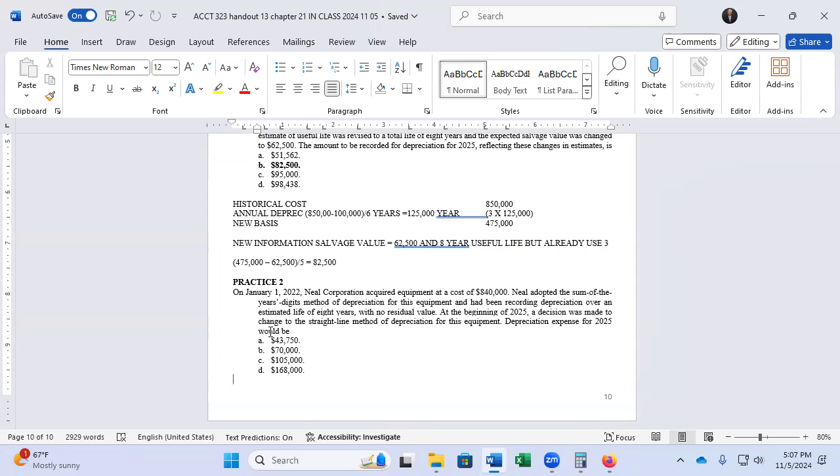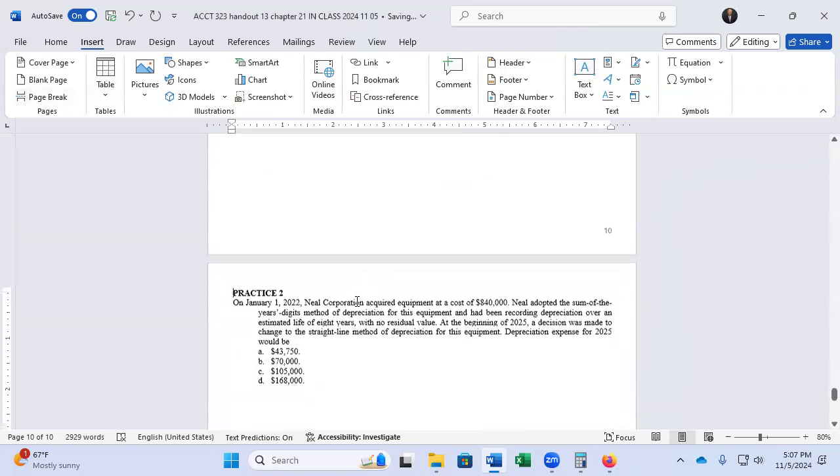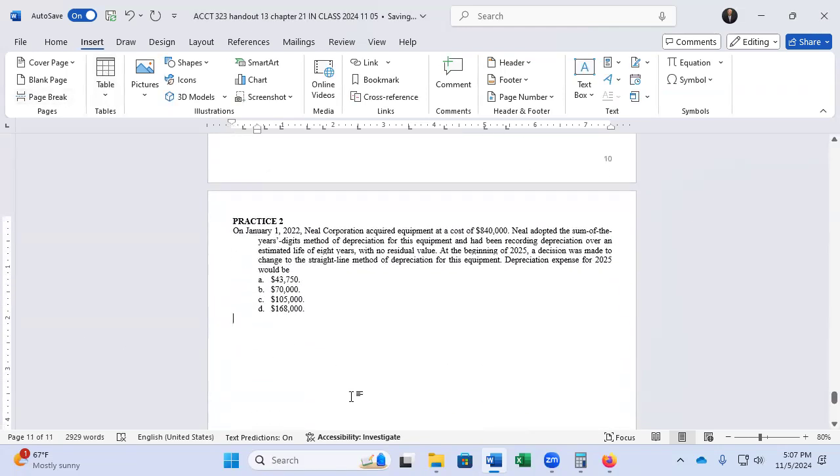It's similar to example 5. By the way, the first year's sum of digits would be 8/36.